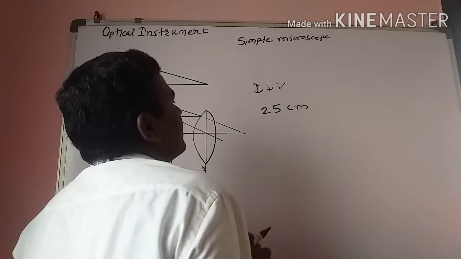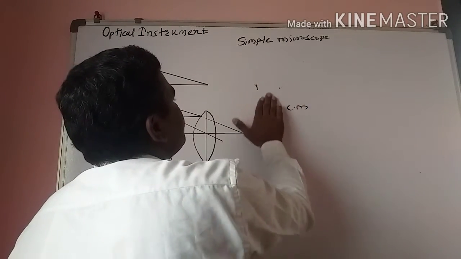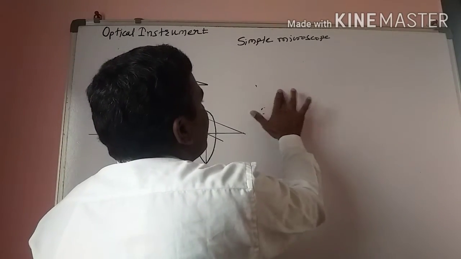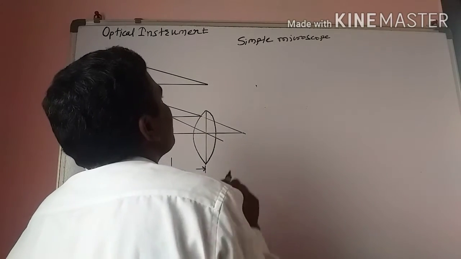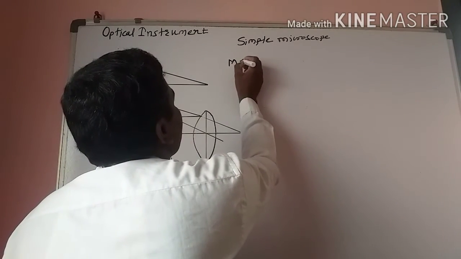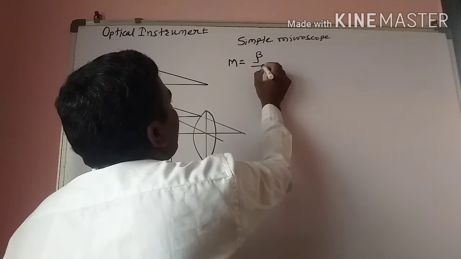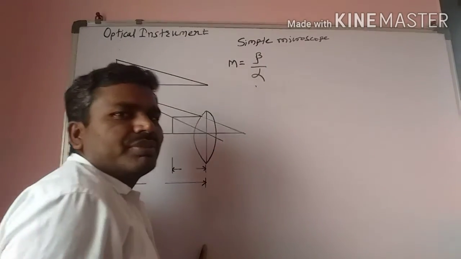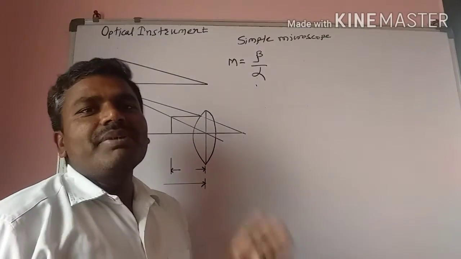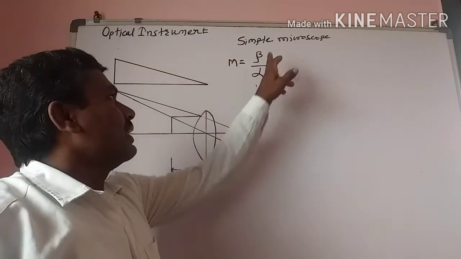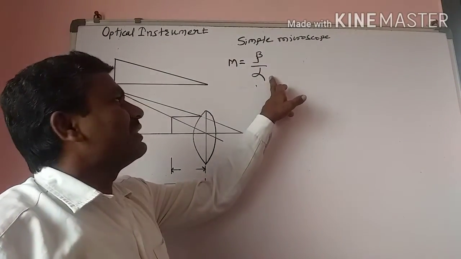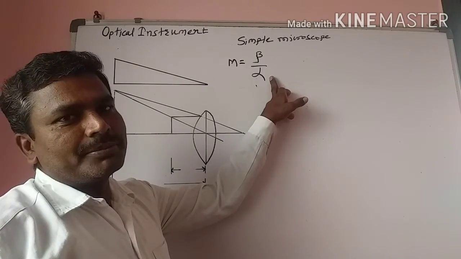Its magnifying power is the ratio of beta by alpha. Beta is the visual angle made by the image, and alpha is the visual angle made by the object.